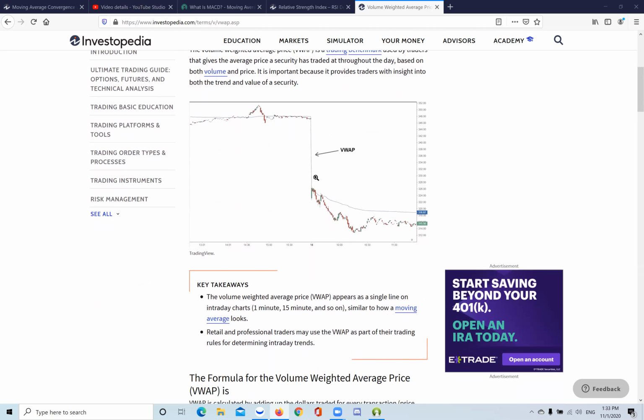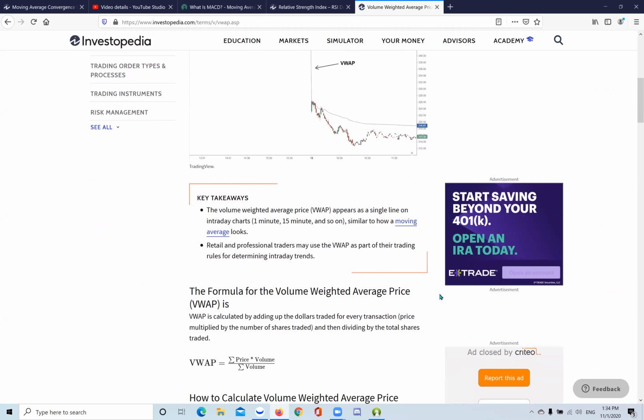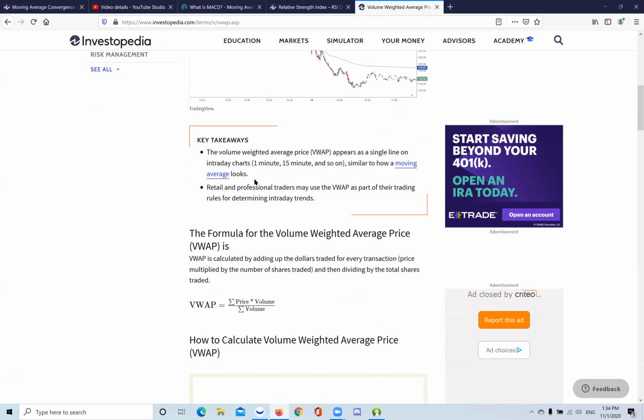So this is a VWAP line, and it tells you what is going on with the price action. Key takeaway: the volume weighted average price appears as a signal line on intraday charts, 1 minute, 15 minutes, and so on, similar to how a moving average looks.